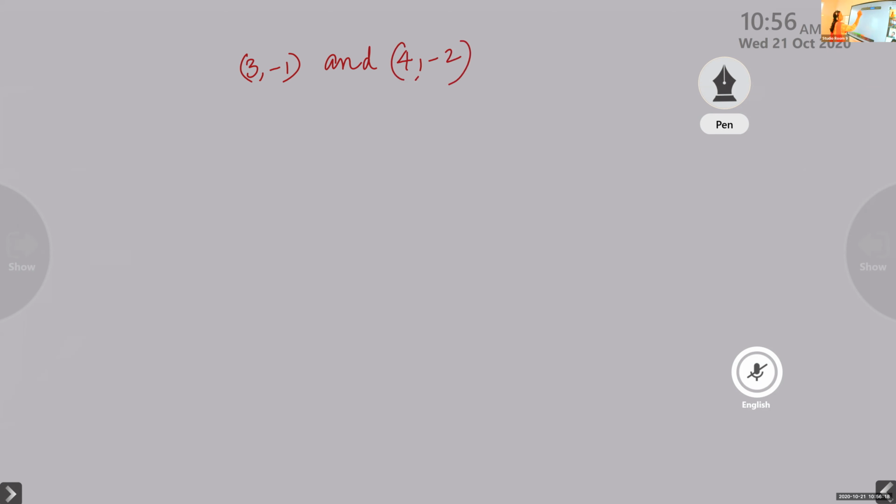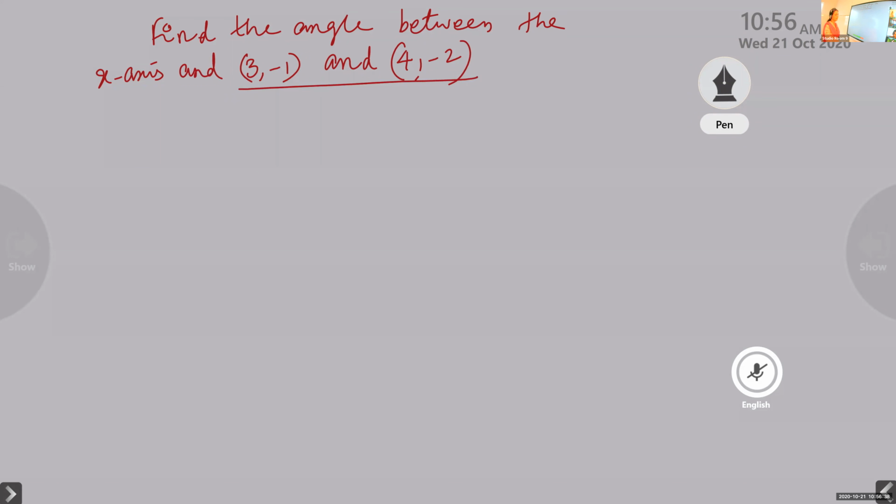The question is, find the angle between the x-axis and the line joining these two points.